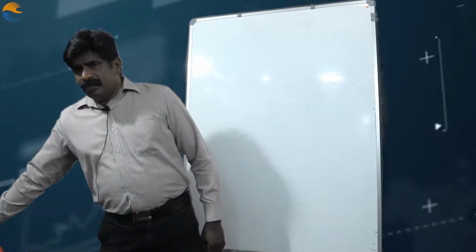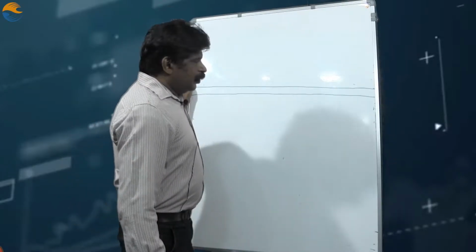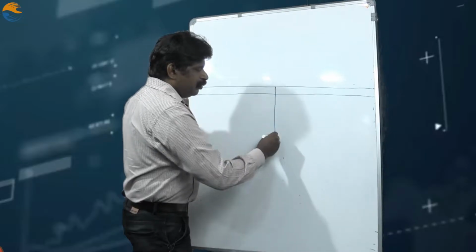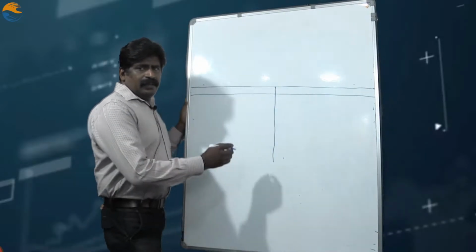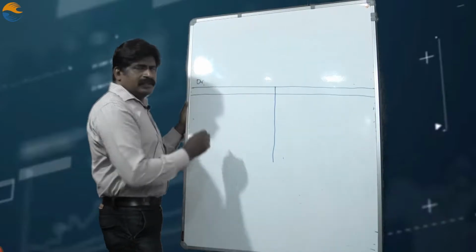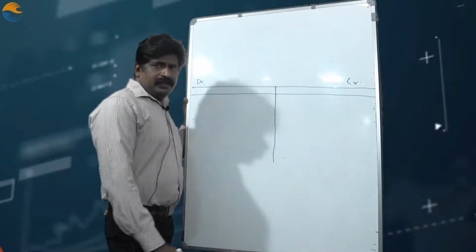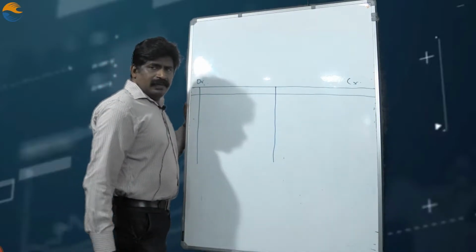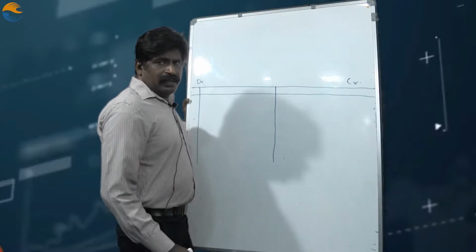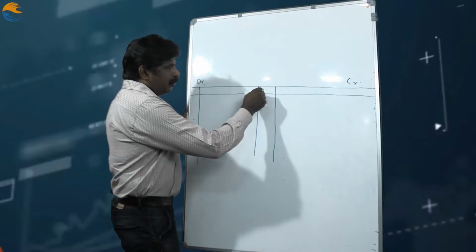Now I draw a format of this double column cash book. We have to divide the page into two equal parts as usual, and on the left hand side it is the debit side, right hand side is the credit side, and there is a date column on the leftmost, and on the rightmost an amount column.